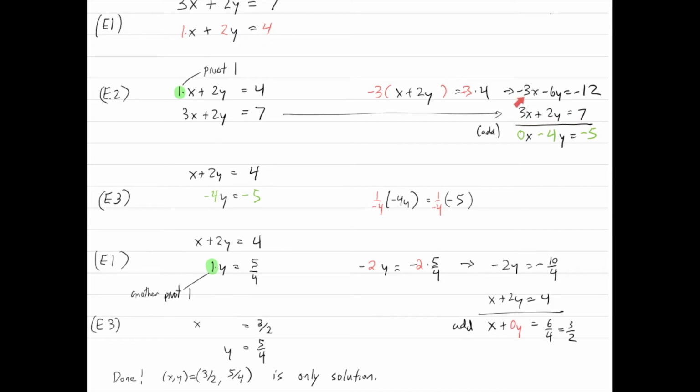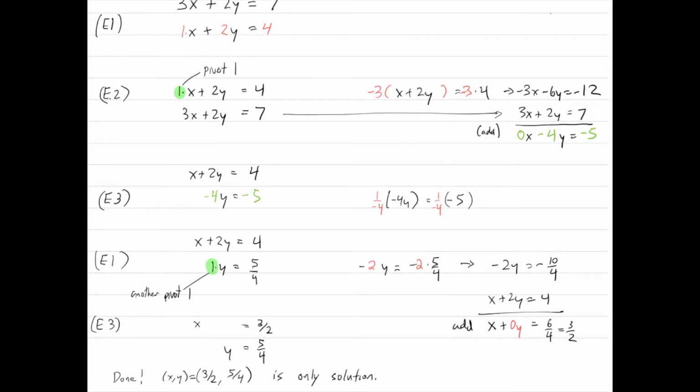And what happens then is this -3x and this 3x here add out or cancel to 0. That's the reason I chose to multiply by -3. This pivot 1 will enable me to cancel or make that 3 a 0 by doing the step here.